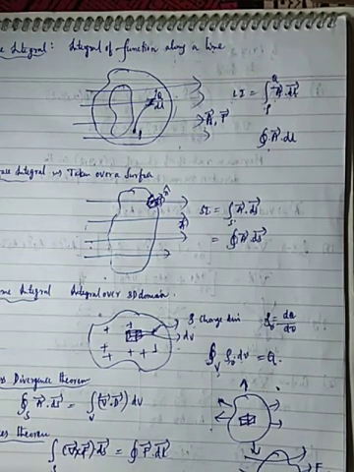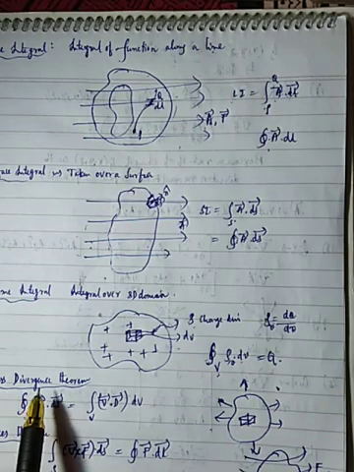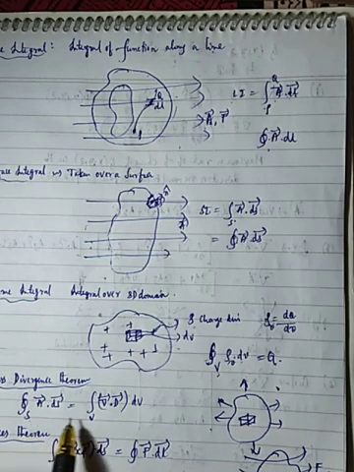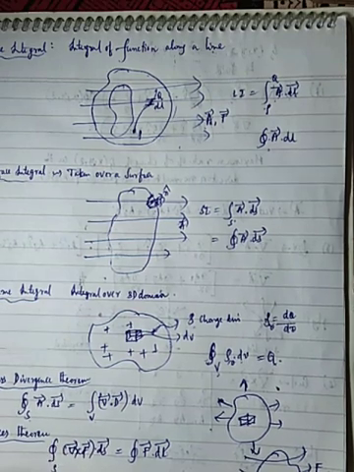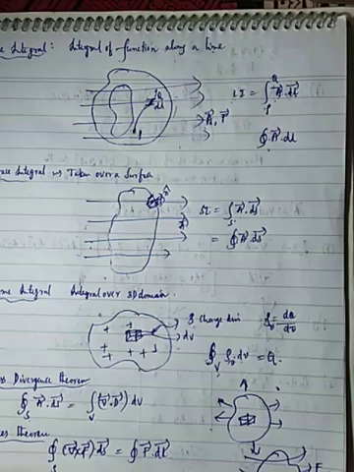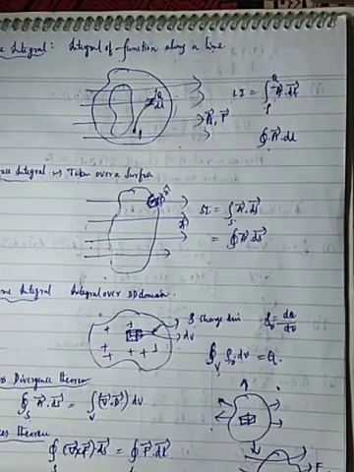There are two general results called Gauss divergence theorem and Stokes theorem, which are very, very important. What they do is relate surface and volume integrals. Gauss divergence theorem relates the closed surface integral to the volume integral, and Stokes theorem relates the surface integral to the closed line integral. This is true for any vector.